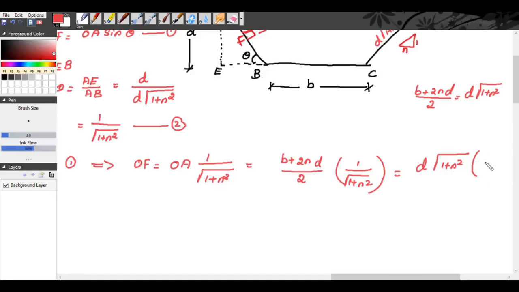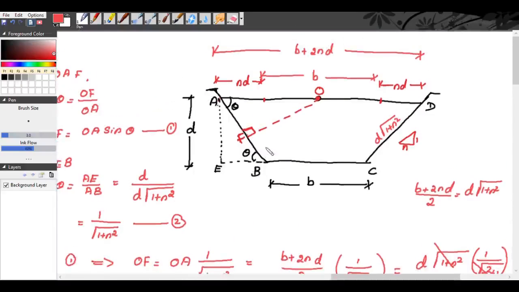Multiplied by 1 by square root of n square plus 1. So we get OF, you can cancel this square root of 1 plus n square with square root of n square plus 1, so we get OF is equal to D. Now come to the diagram.